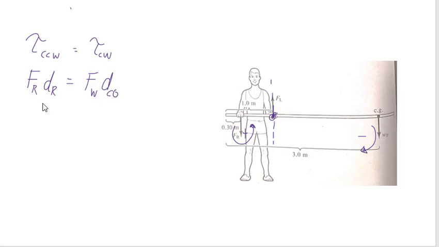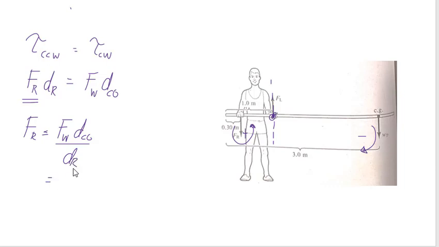Now you want to look for Fr. So Fr is equivalent to the weight of the pole times the distance of the center of gravity of the pole, divided by the distance of the force at the right.